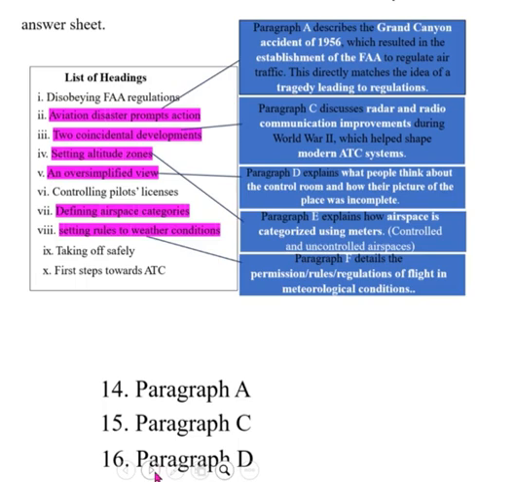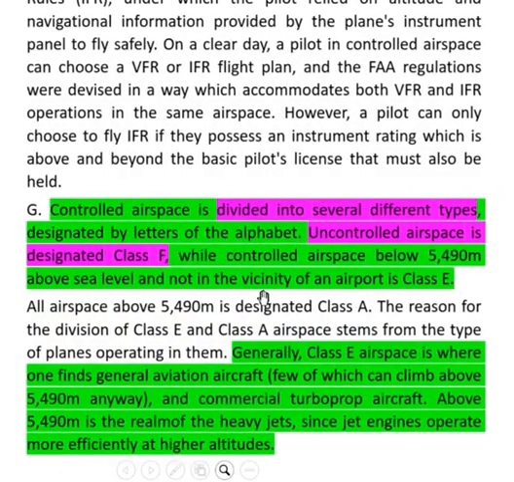The last paragraph we're going to be considering is paragraph G. So we go back again to the passage and check for ourselves. Here is paragraph G. Controlled airspace is divided into several different types, designated by letters of the alphabet.